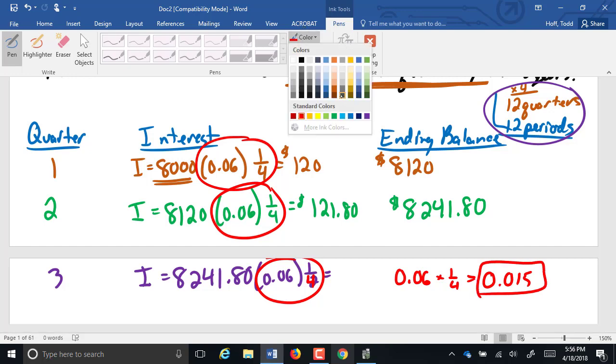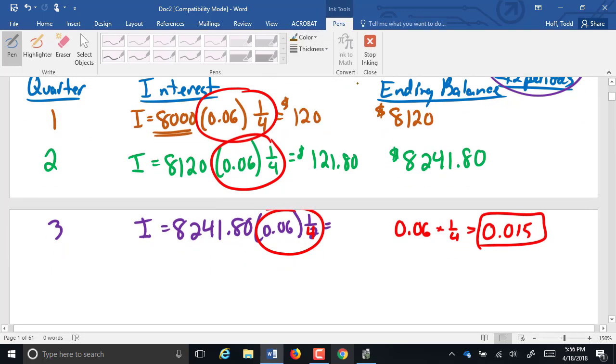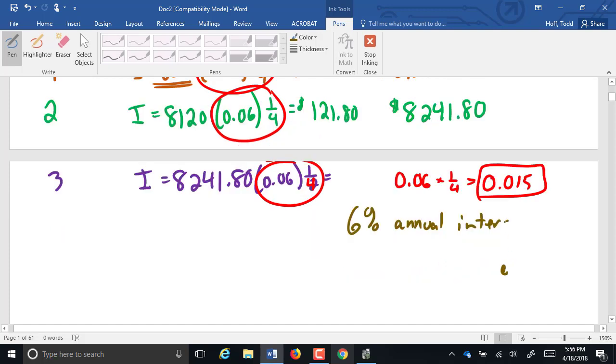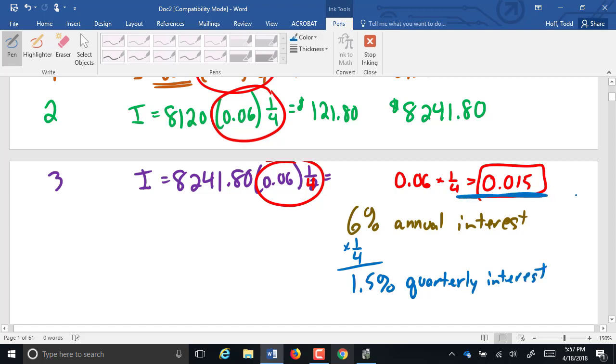What does that really mean? Well, it's 6% per year. It's 6% annual interest. So what that means is it is 6 times 1/4, or divided by 4, it's 1.5% quarterly interest. So the interest per quarter is 1.5% or 0.015.